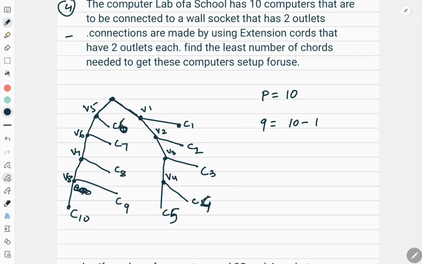So if you put M is equal to 2 in the formula, you will get Q is equal to 9. And Q is equal to 9 means total internal vertices are 9. But I know that internal vertices also include the root. Correct? So how many extensions are there? So total extensions are 8 only. So that is my answer. And that is what I have done with the diagram also.